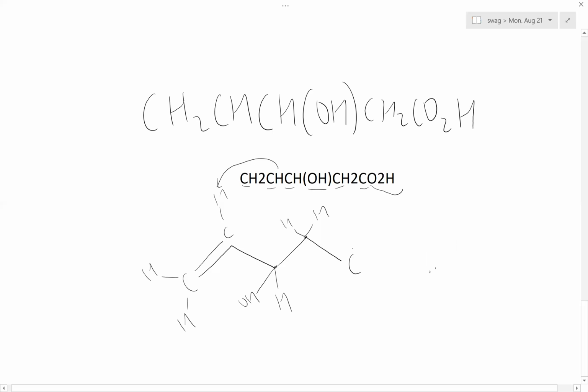What if we try something like this? Now oxygen has three lone pairs here, has two lone pairs here, and now this carbon has a lone pair. So what do we know about carbon? It doesn't like lone pairs. Correct.